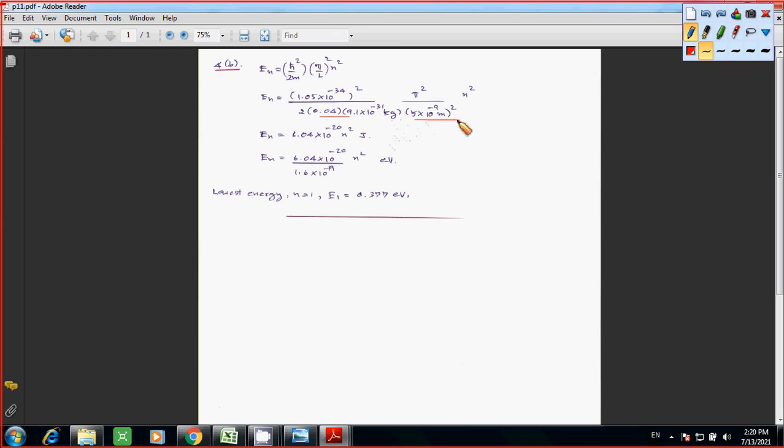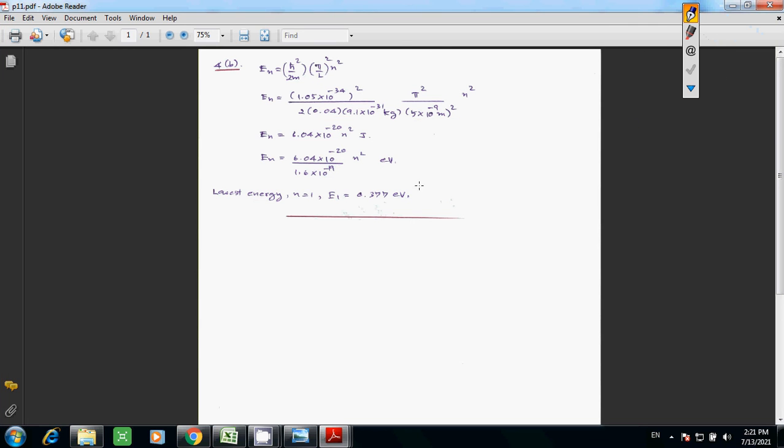And the dimension is 5 nanometer, so that makes 5 times 10 to the negative 9th meter. You have En equal to this in the unit of joule. You divide it by 1.6 times 10 to the negative 19th, and that gives you electron volt. So your lowest energy, n equal to 1, E1 equals 0.377 electron volt. That's problem number 4.